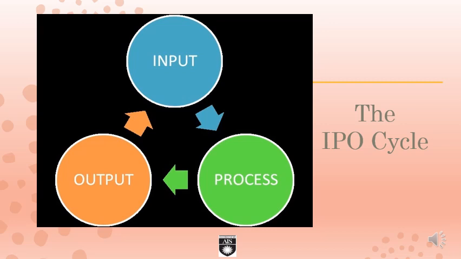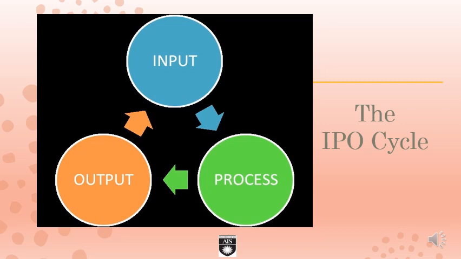It is the input, process, output, cycle. Actually, the input, process, output cycle is the cycle which represents the entire working of the computer and especially the working of the CPU, which is the central processing unit, the brain of the computer.